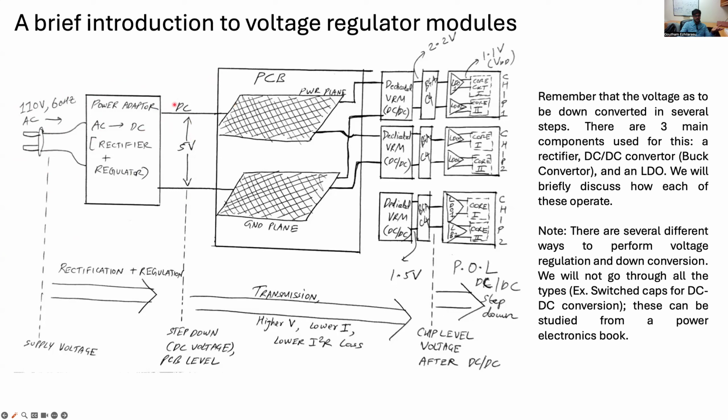And then you have the 5-volt DC input, which is sent to the PCB with the power planes. And then you have the dedicated VRMs, which convert the DC value to another, lower DC value, called a DC to DC converter. And finally, this power is sent to the chip, which has a component called an LDO built in, which helps to further regulate and step down the voltage to finally supply the core circuit of the chip, right?